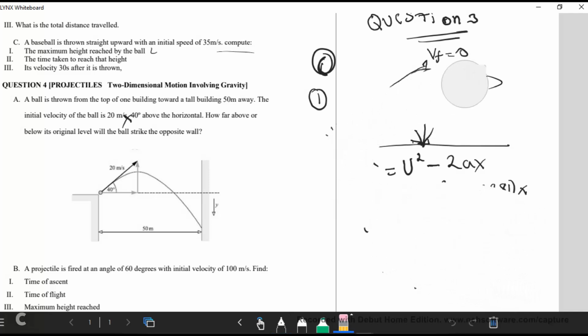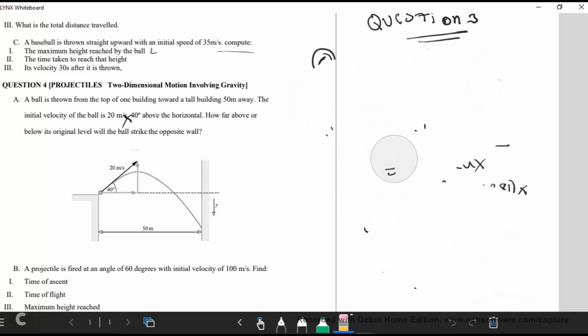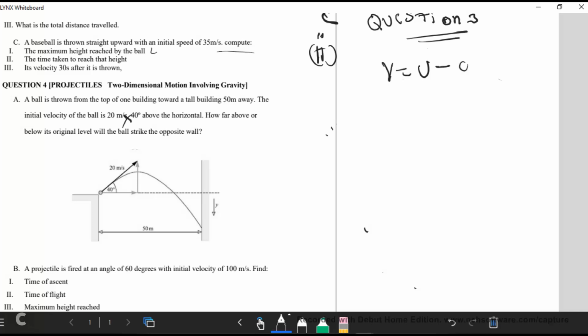Let's do the other one. They're still asking us to calculate the time taken to reach that height, which is the maximum height. So here we're calculating the time. V is equal to U plus at. The final velocity there is 0, and it was thrown with 35, minus 9.81t.